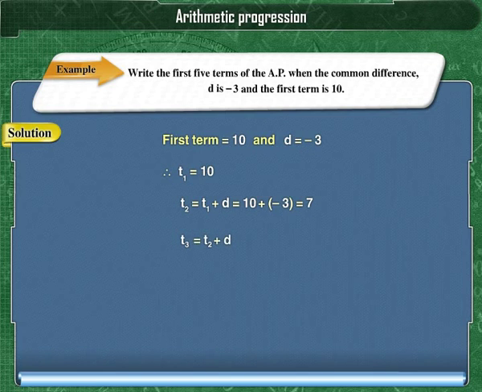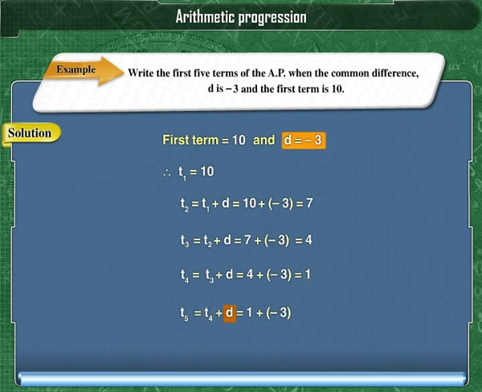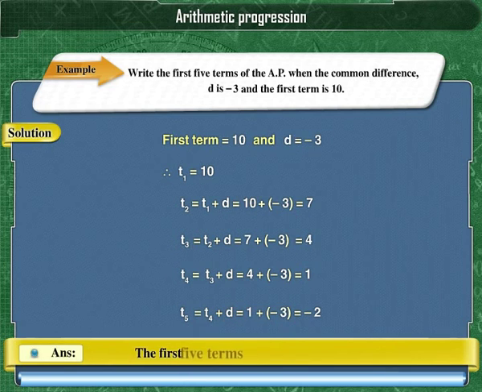T3 is T2 plus D, which is 7 plus of minus 3, which is 4. T4 is T3 plus D, which is 4 plus of minus 3, which is 1. T5 is T4 plus D, which is 1 plus of minus 3, which is minus 2. Therefore, the first 5 terms of the AP are 10, 7, 4, 1, and minus 2.